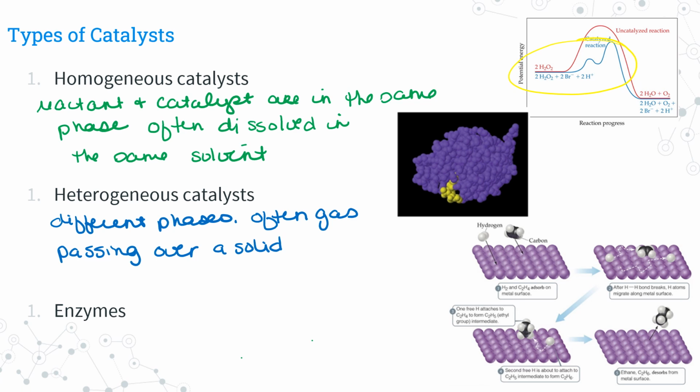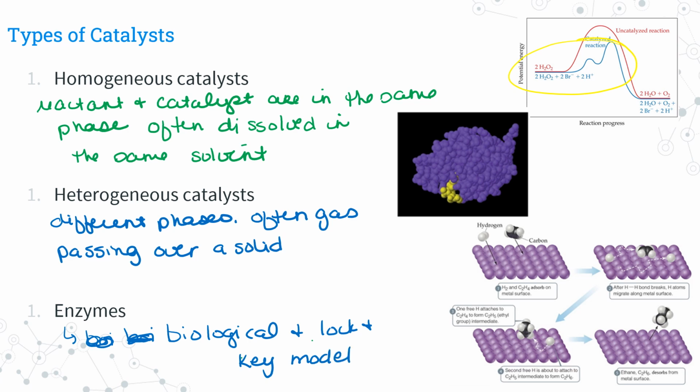And then we have enzymes, which is biological, and is a lock and key model. So those are our three types of catalysts that we can use.